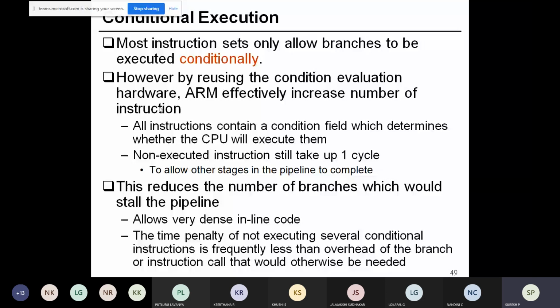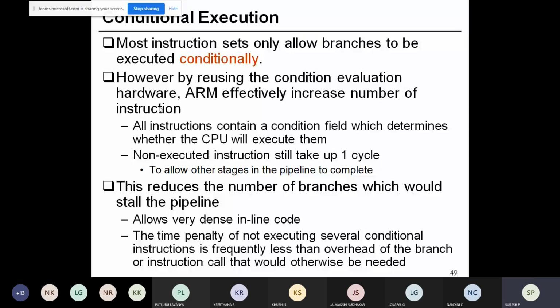So when you go with conditional execution, this reduces the number of branches which will stall the pipeline. Stalling the pipeline means it will stop executing for that particular clock cycle for that particular instruction. It will not stop all the instructions, only the instruction which has the dependency.